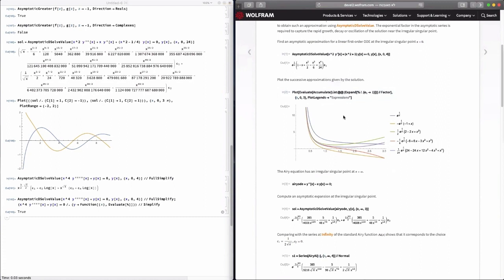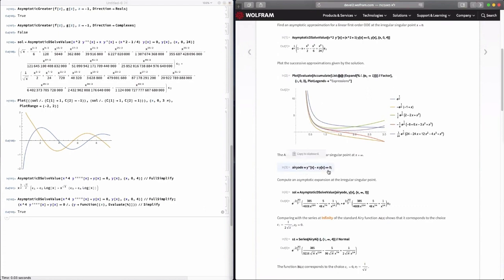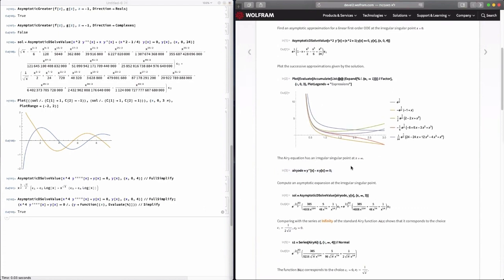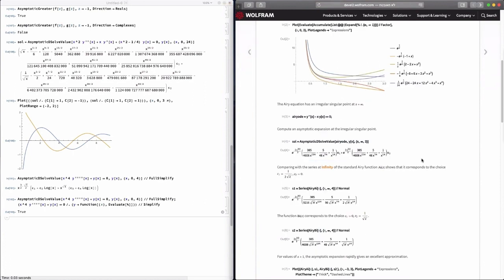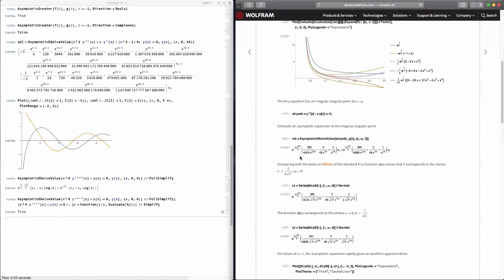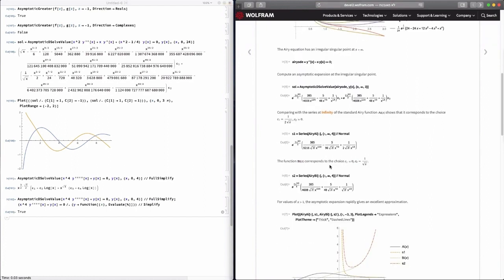And we compare different orders of the approximation. Here's the ODE for the Airy equation, and we find some nice solutions of that. Again, it's singular. We get some blow up in these different terms, and an exponential out front.